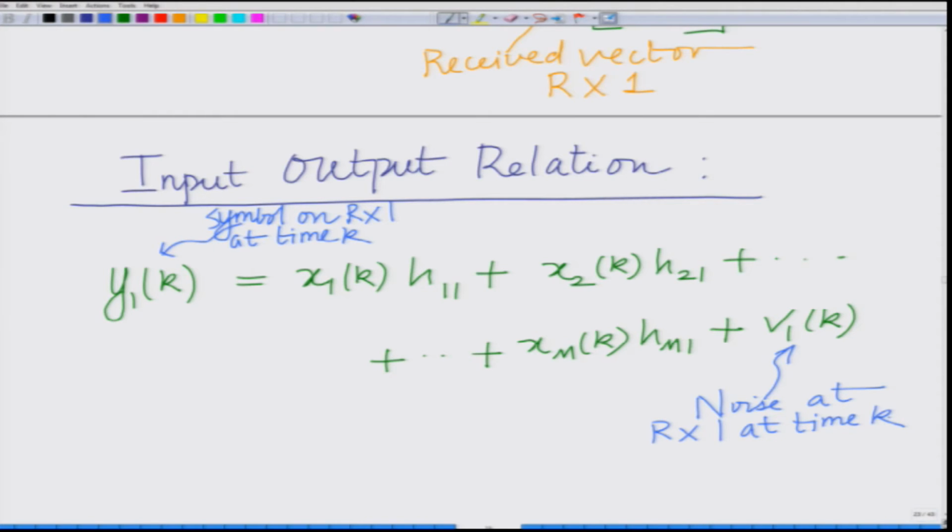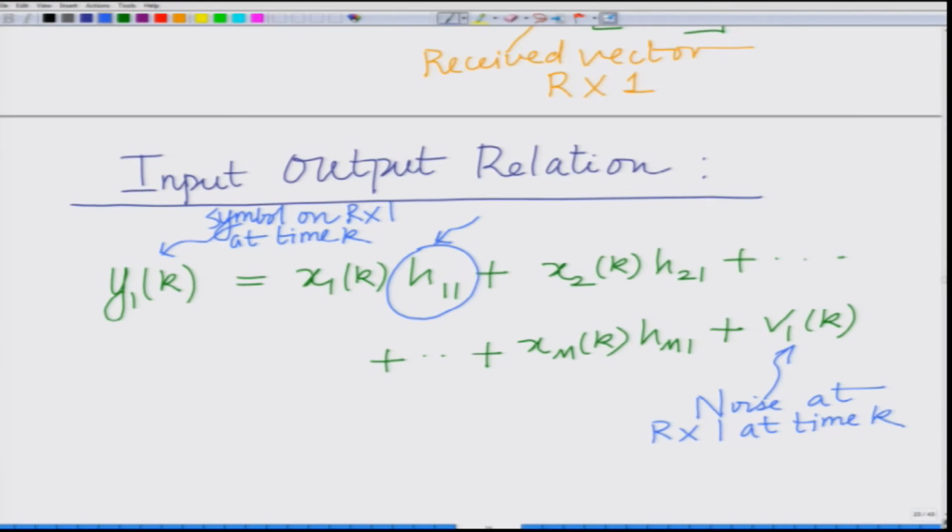at time k. Now look at this quantity H11, this is the coefficient between transmit antenna 1 and receive antenna 1. H21 is the coefficient between transmit antenna 2 and receive antenna 1, alright, and so on and so forth.